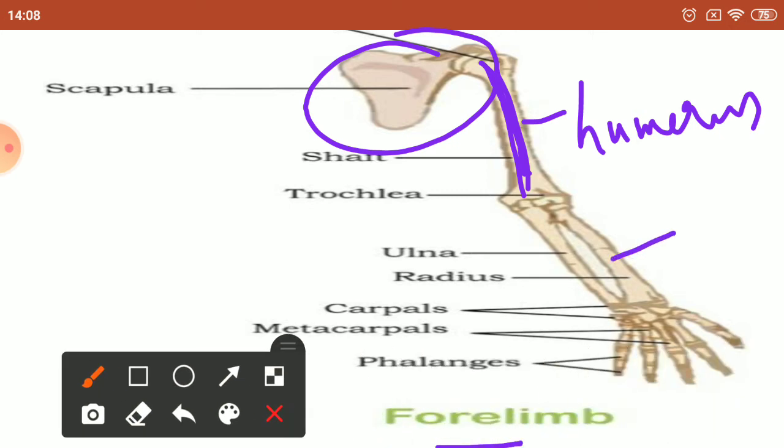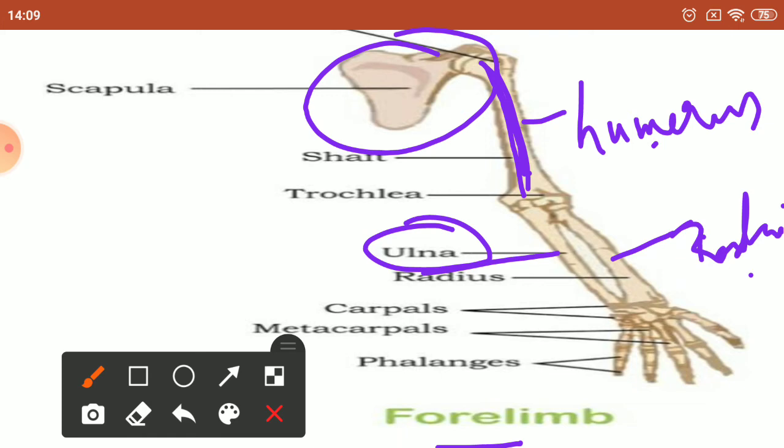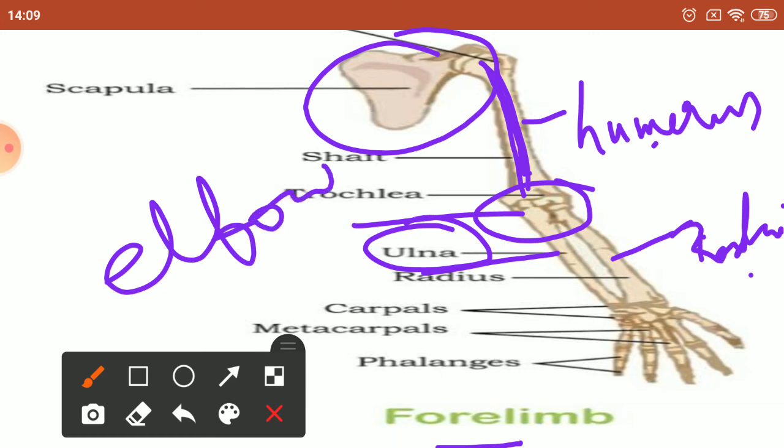One is your radius, and the down one is your ulna. Now this humerus, radius and ulna are connected at a joint region which we are calling the elbow. Now this ulna and radius are connected with the rest of the region, the fingers.